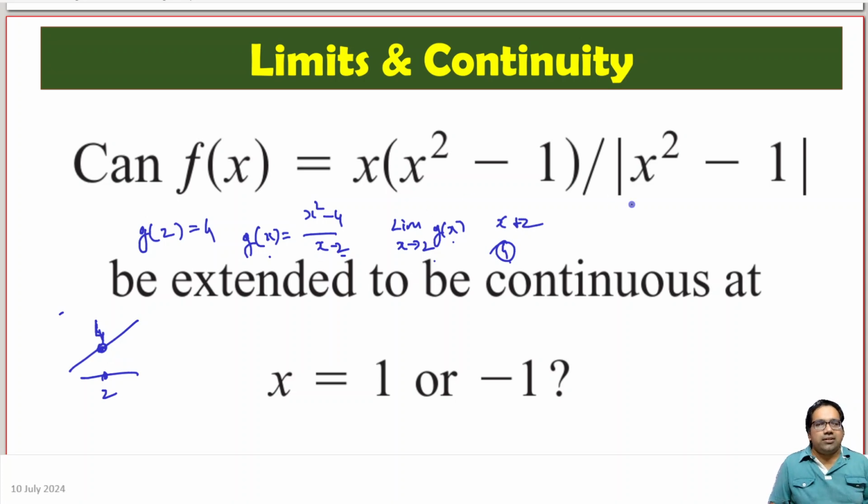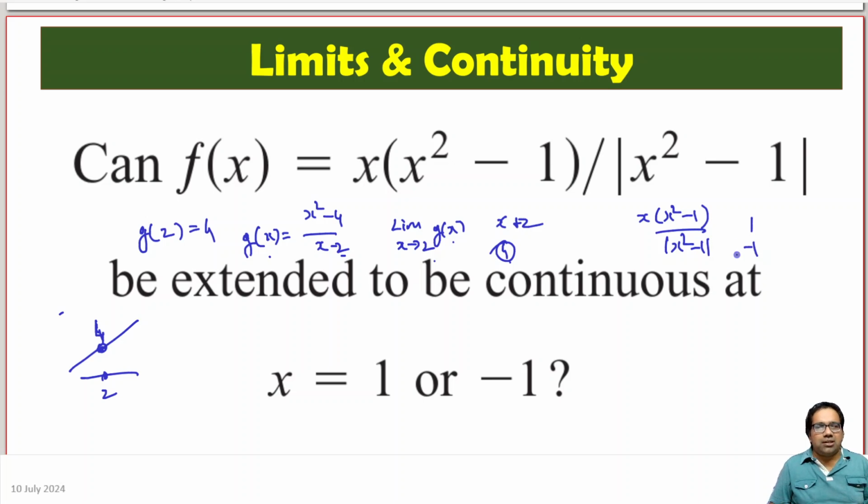Now this given function is x into (x square minus 1) by the absolute value of (x square minus 1). See, (x square minus 1) by the absolute value of (x square minus 1) is either plus 1 or minus 1, right? Because the magnitude is the same. The bottom one is positive, the numerator can be positive or negative.